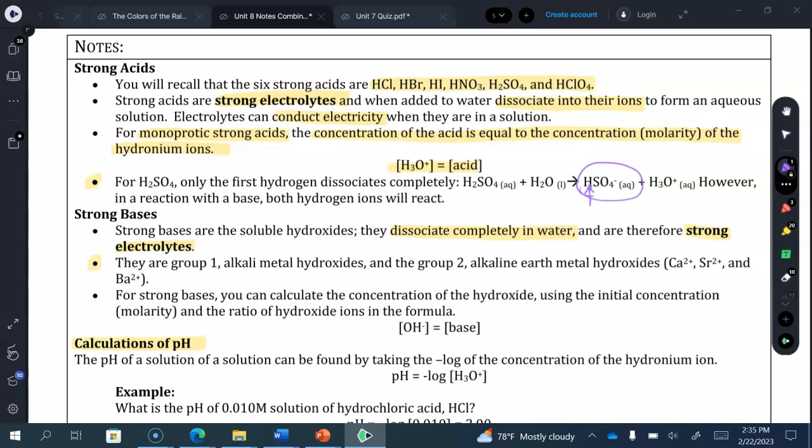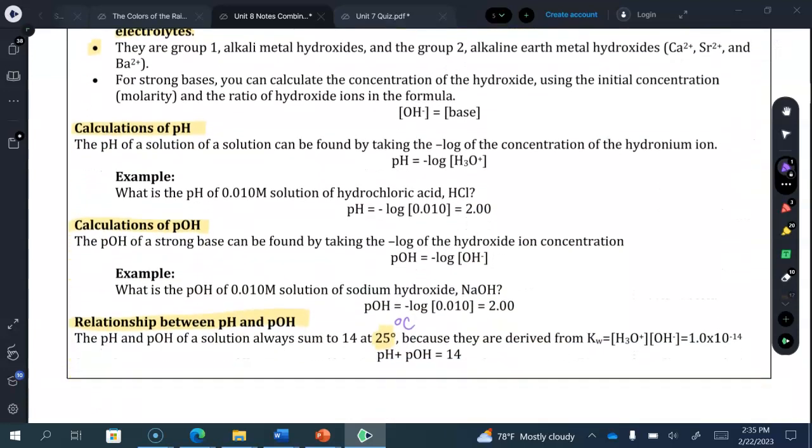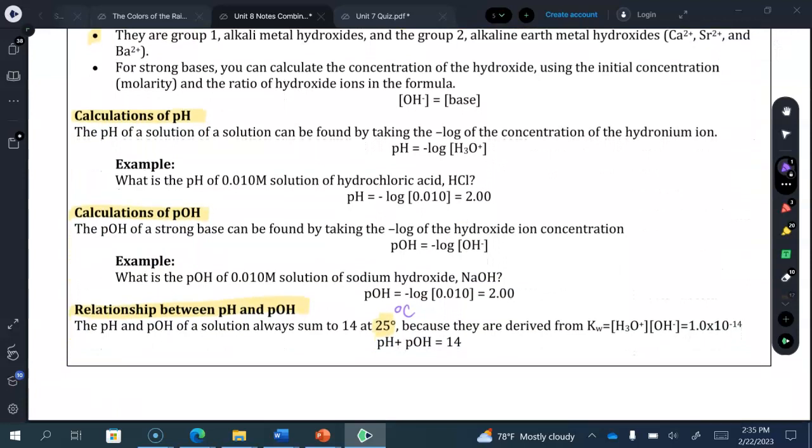Beryllium and magnesium are not included as strong bases because their hydroxides have limited solubility in water. Okay, so they are not strong bases. For strong bases, you can calculate the concentration of the hydroxide using the initial concentration or molarity and the ratio of the hydroxide ions in the formula.